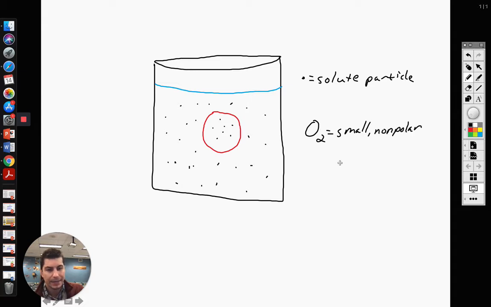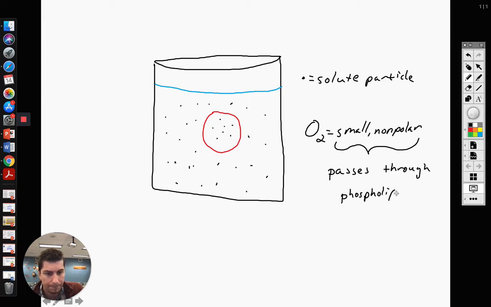Okay. Now, if we have something that is small and nonpolar, it can pass right through our phospholipids. Passes through our phospholipids. Okay. And again, that's if we have something that's small and nonpolar.